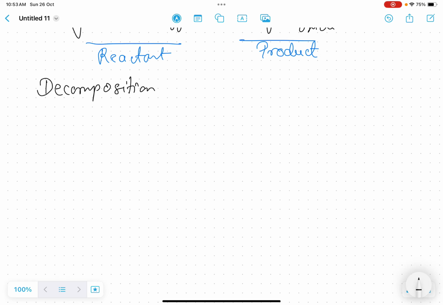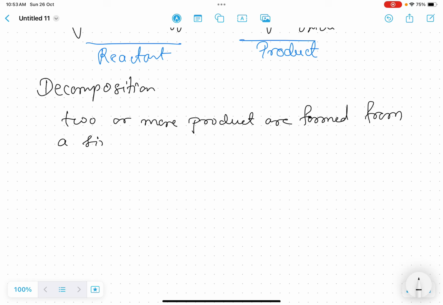The simple definition according to your book: the chemical reaction in which two or more products are formed from a single reactant molecule is called a decomposition reaction.